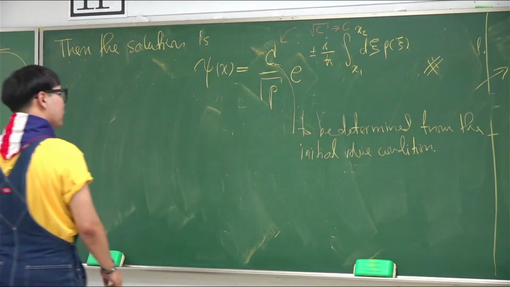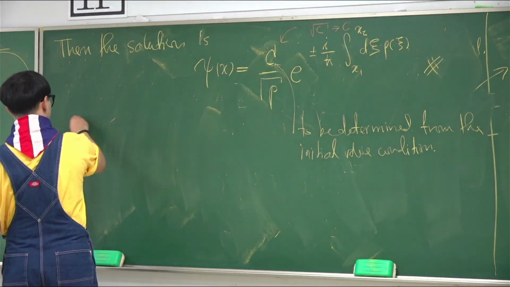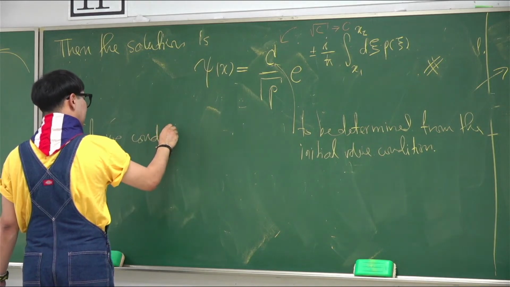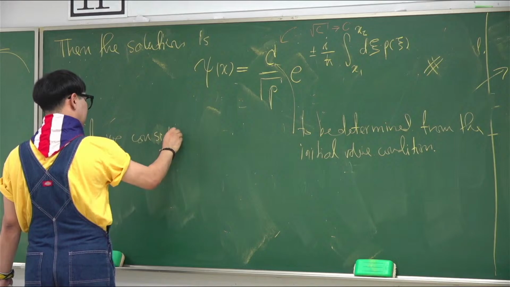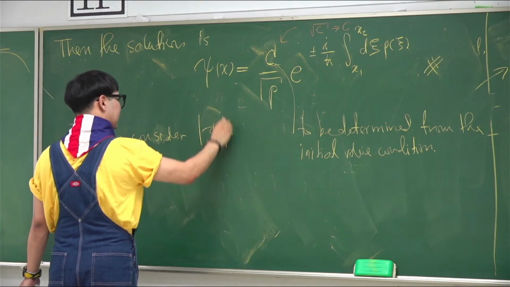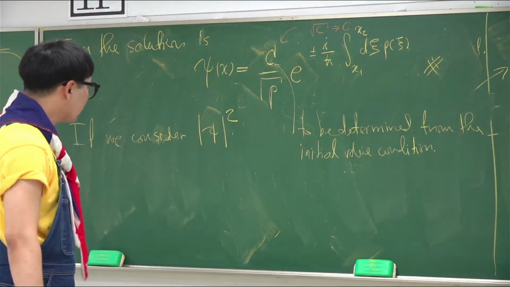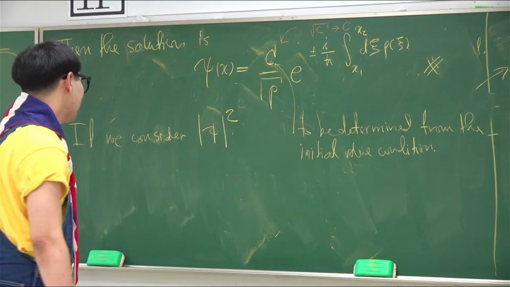And of course, if we consider this square, this should give you somehow the probability density.